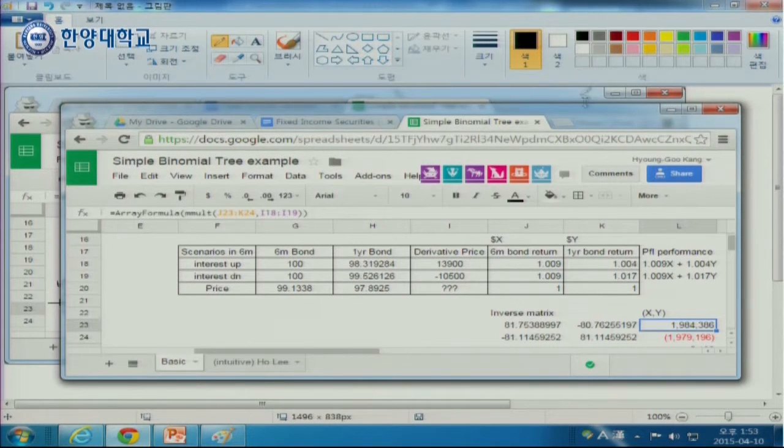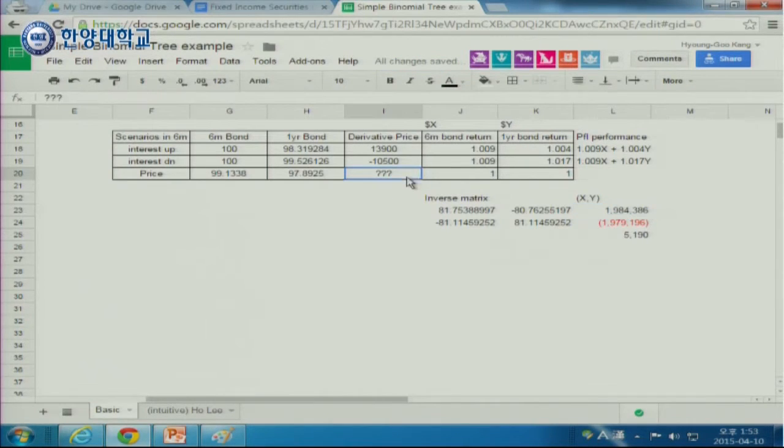So the derivative price should be this one. And then the return from derivative is this one.